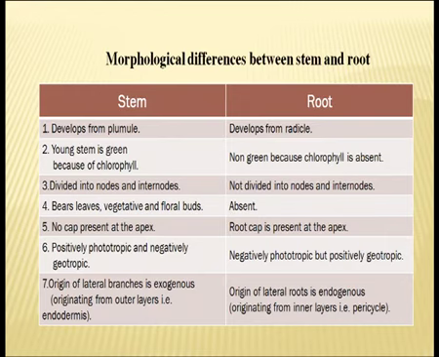Then, the stem has no cap, but the root, since it has to grow through sand particles or soil particles where there is a lot of friction, has delicate tissue at the growing tip and needs a root cap for protection. So, that is the structure, the root cap, and the function is protection, but the stem needs no such cap.